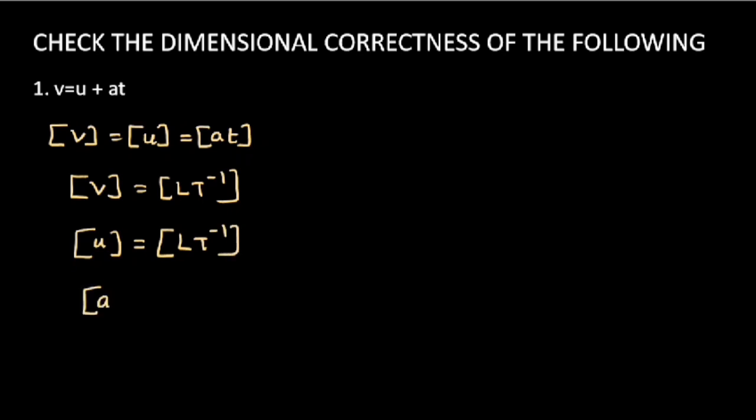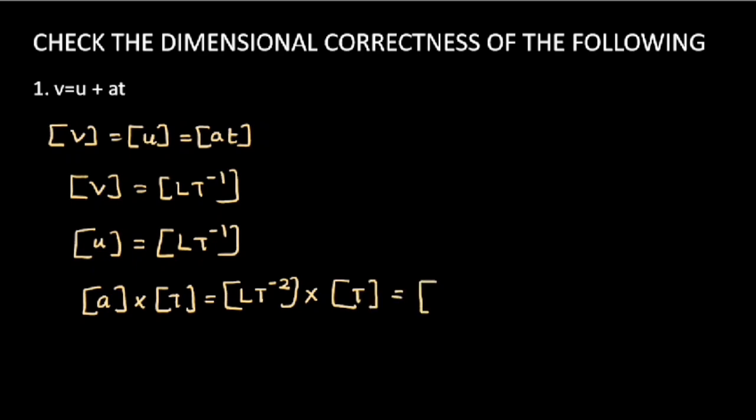The dimension of acceleration into the dimension of time: we know that the dimension of acceleration is L T raised to minus 2 into the dimension of time is T. So we get L T raised to minus 2 plus 1, we get L T raised to minus 1.